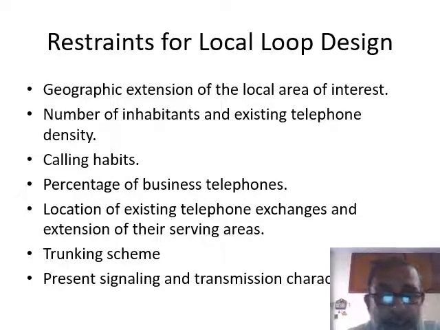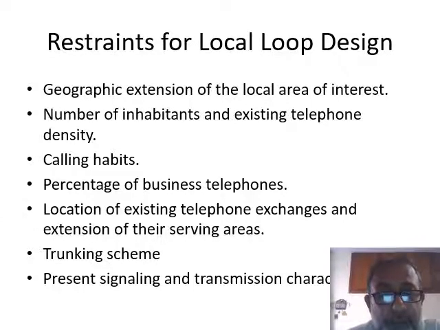Now, it's not always like that, with all the exchanges being connected to all other exchanges in the city. It's not like that. There is a tandem exchange in a city which connects all the telephone exchanges.